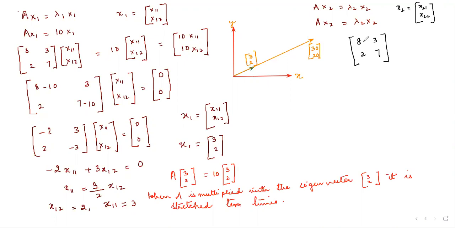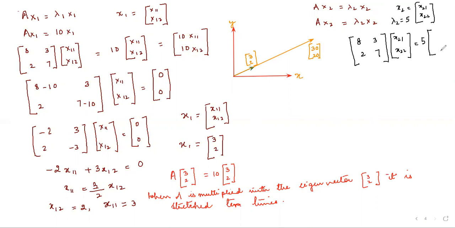We can write x21 and x22 equal to 5 times, because lambda 2 is equal to 5.